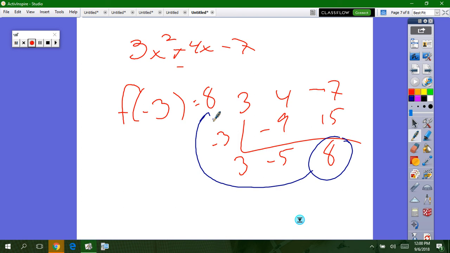Ready? -3 squared. 9 times 3. 27. Minus 12. 15. 15 minus 7 is? Okay. Because it's -3 times 4. So it's just whatever the remainder is that's the value of you plugging that into the function. Does that make sense?